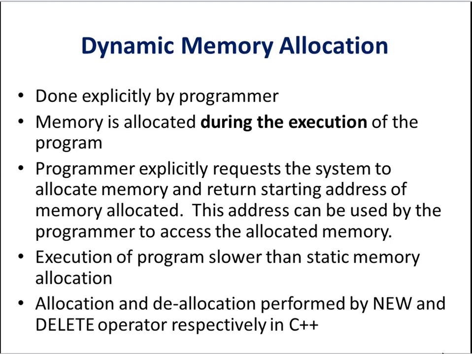The programmer explicitly requests the system to allocate the memory and return the starting address of the allocated memory. This returned address can be used by the programmer to access the allocated memory. For dynamic memory allocation, we need a pointer, and we have already covered pointers in another video. Execution of the program is slower than static memory allocation, but we avoid the wastage of memory in dynamic memory allocation.